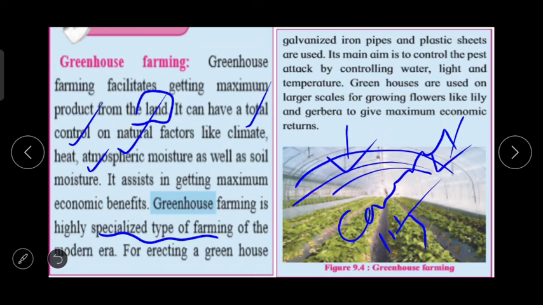And the next part of this topic we people will talk about the types of farming and importance of agro-tourism.